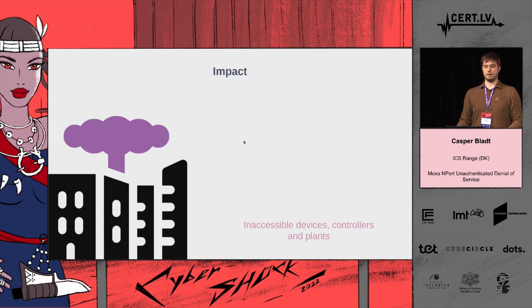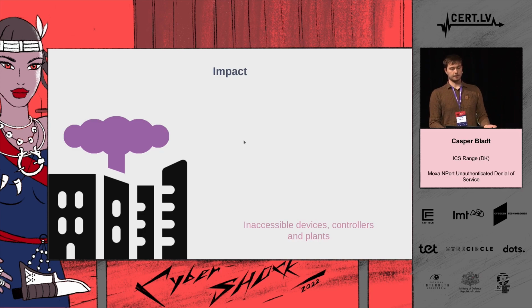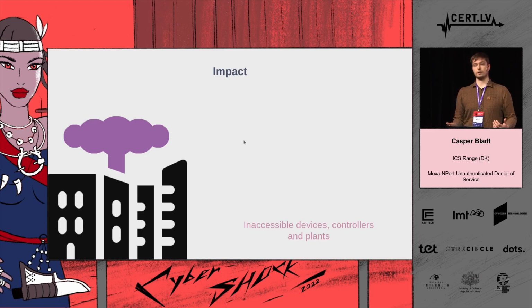And what would happen then? I can't talk for sure about every industrial plant, but a lot of those that I have seen have these kind of fail-safe mechanisms so that when they can't communicate with the controllers in the plant anymore, they, for safety reasons, simply have to shut it down.